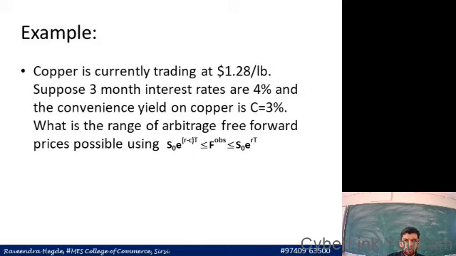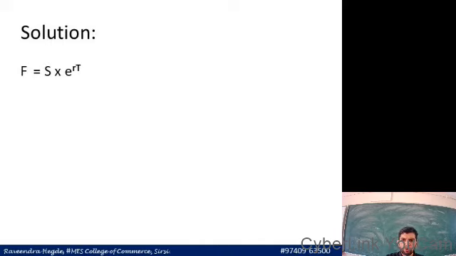What is the range of arbitrage-free forward price possible using the formula, that is, F_obs lies between S naught e raised to (r minus c) into t and S naught e raised to rt? Just remember, the risk-free interest rate is 4%, C equals 3%, and the spot price is $1.28. Let us see how to solve.